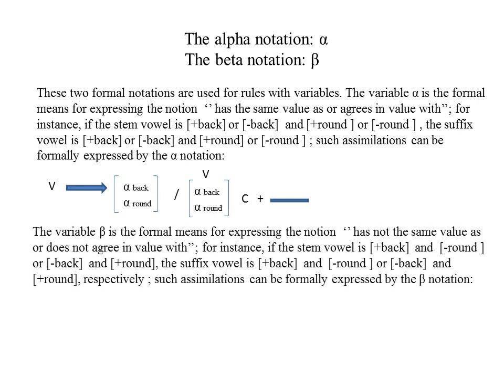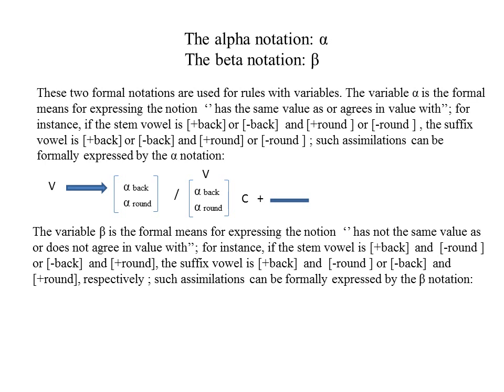The variable beta is the formal means for expressing the notion has not the same value as or does not agree in value with. Okay, the difference between alpha and beta: with alpha, the two values are similar. The two values encoded by the alpha notations are similar.